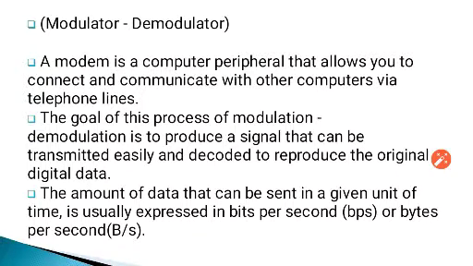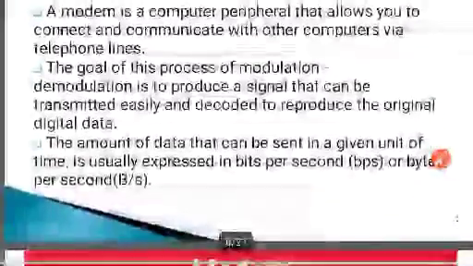So, the plain text is converted to the ciphertext, that is the modulation, and in the demodulation, the ciphertext is converted to plain text. This is measured and expressed in bits per second, that is bps, or sometimes bytes per second, as you can see over here.